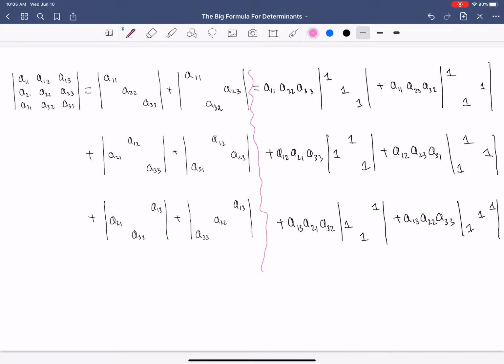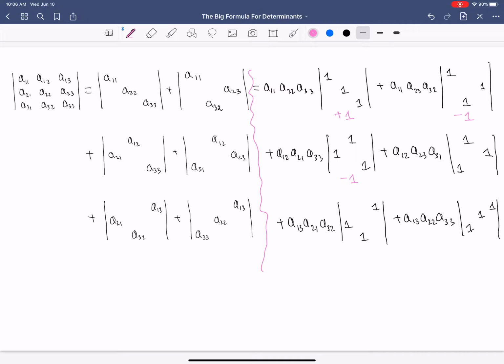So let's look at the signs. The identity matrix has a determinant plus 1. In the next one, if I just exchange these two rows, I go back to the identity matrix, so I know that the determinant here is negative 1. Then the next one, similarly, if I exchange the first two rows, I get back to the identity, so I know that the determinant here is negative 1.